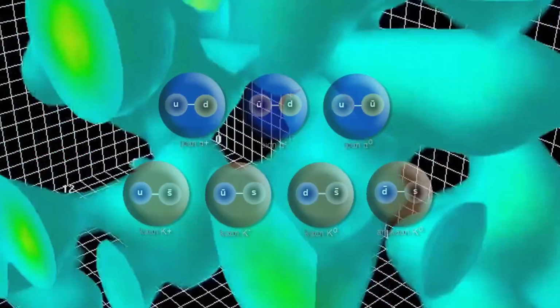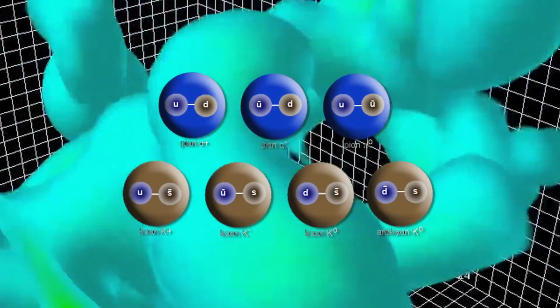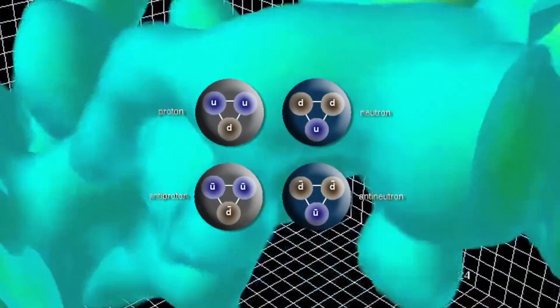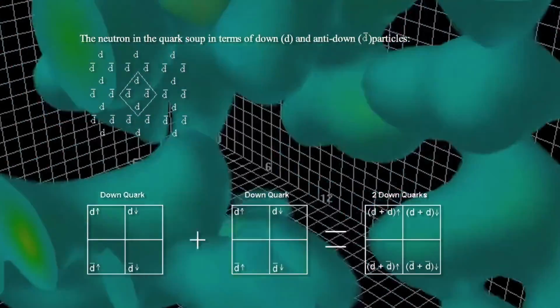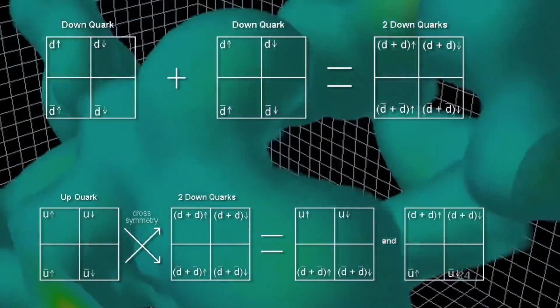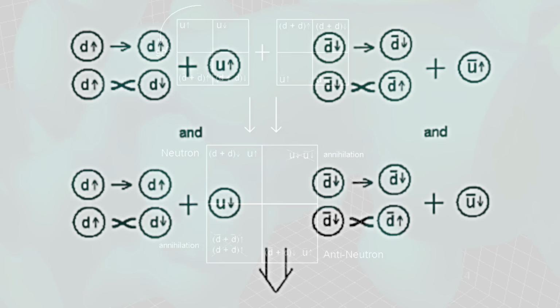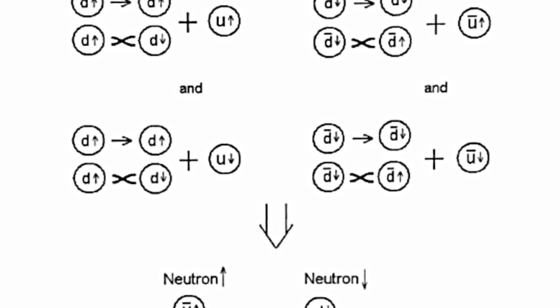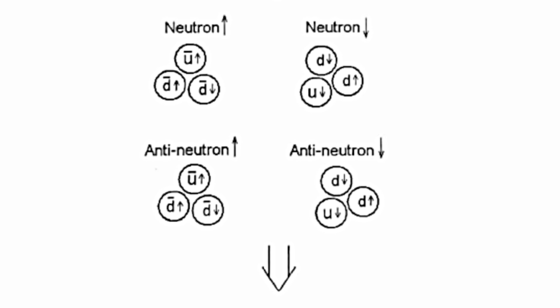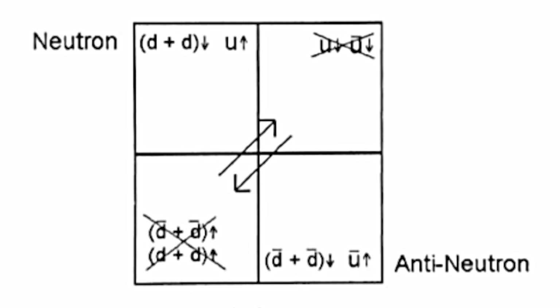So in essence, what we've just done is we took one up quark configuration with two down quark configurations, rotated them 90 degrees out of phase with one another, and then brought them together so that what we end up with is a neutron symmetry, anti-neutron symmetry, meaning neutron going in, neutron going out, anti-neutron going in, anti-neutron going out.